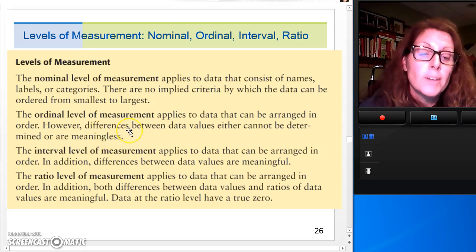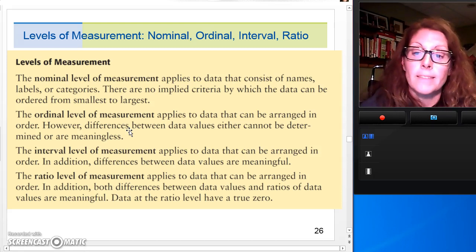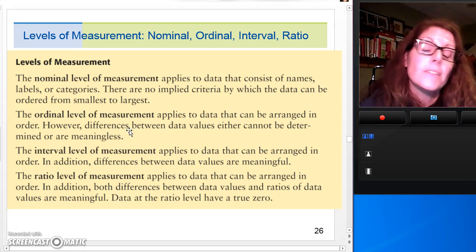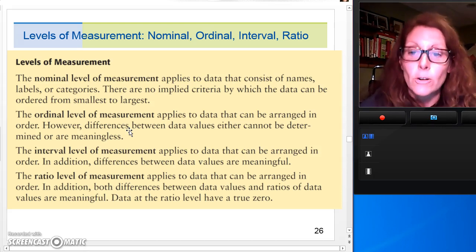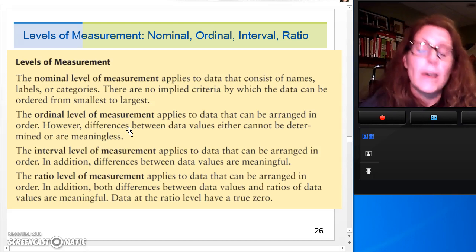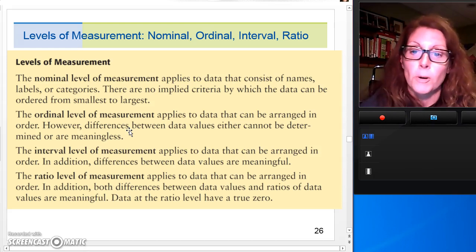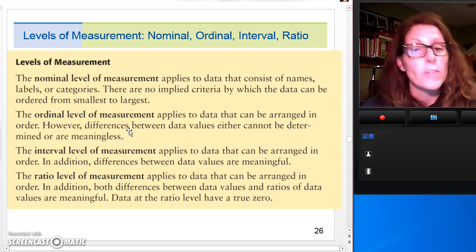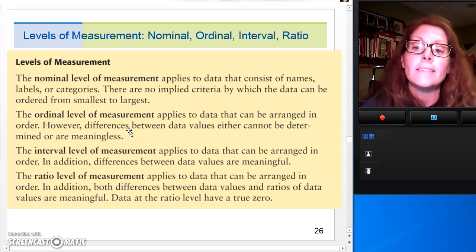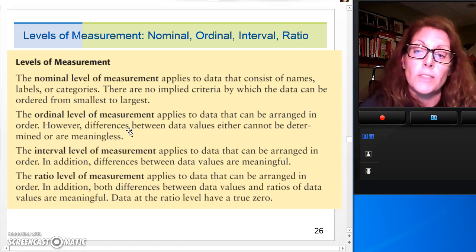But the differences between each data measurement, say between the first ranked individual in the class and the second ranked individual in the class, this isn't something we could easily calculate. How much better is the first ranked person than the second ranked person, or the fourth ranked person than the fifth ranked person? There's no consistent difference there between those rankings.